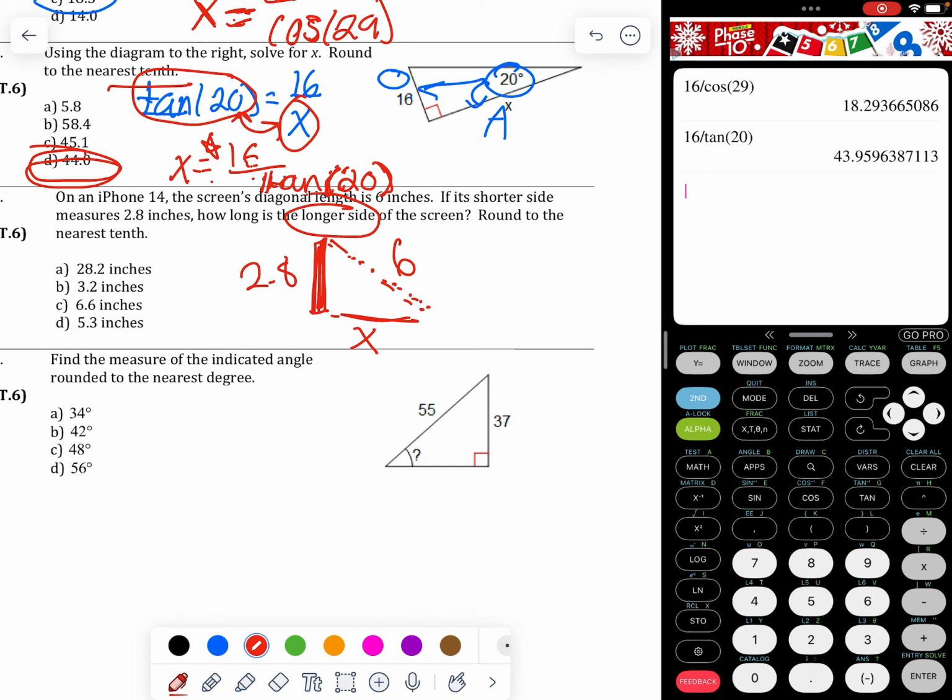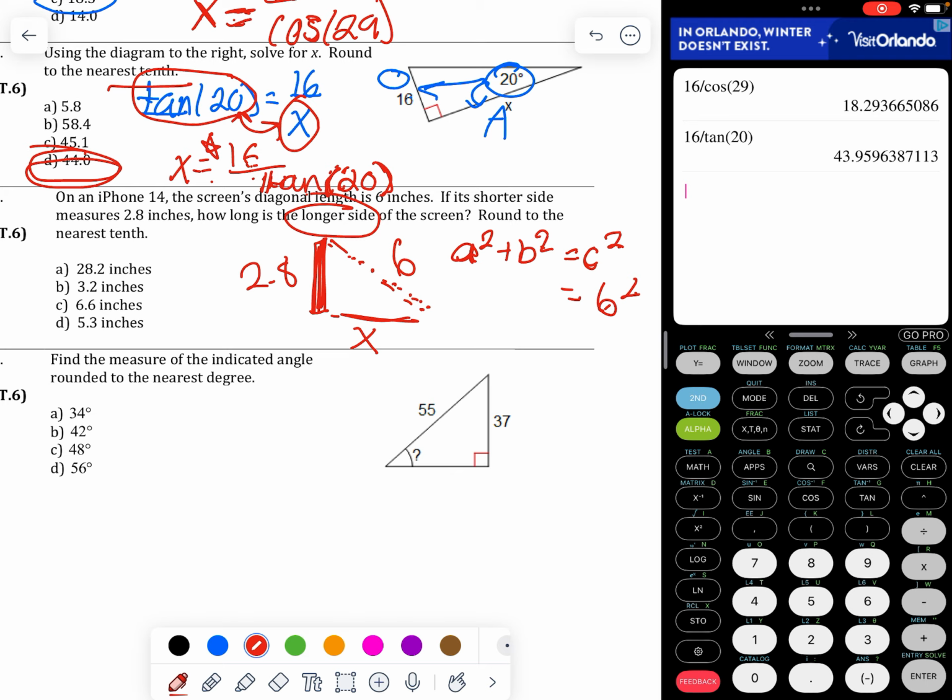Well, we have 3 sides, trying to find that third one. Let's use Pythagorean theorem. So remember Pythagorean theorem, a squared plus b squared equals c squared. That c is always that hypotenuse, that diagonal line, which is 6 squared, and our 2 legs are the ones that form that right angle. So we have 2.8 squared plus x squared.